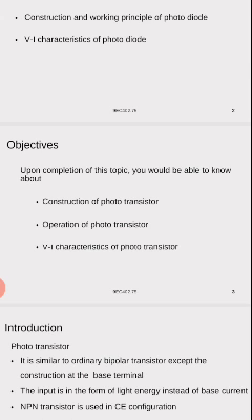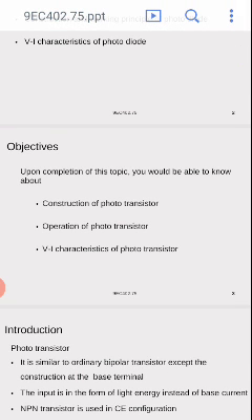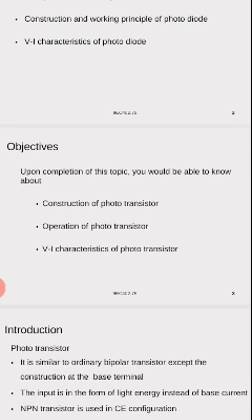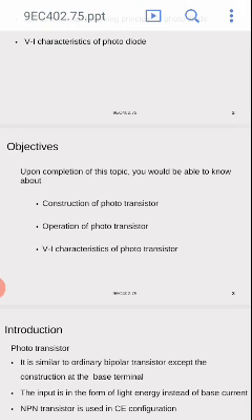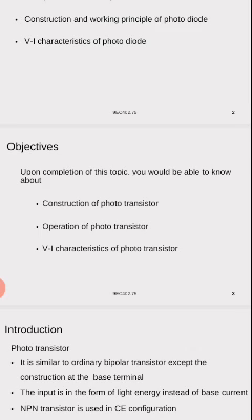In the construction of phototransistor, we discuss the internal structure and what materials are used. In operation of phototransistor, how it will be operated, and what difference there is between phototransistor and normal transistor, we discuss.